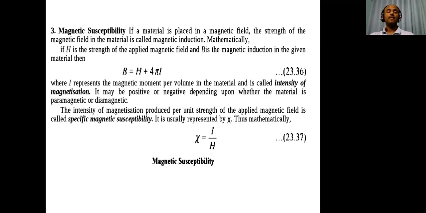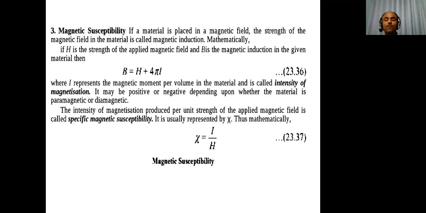And mathematically, if H is the strength of applied magnetic field, and B is the magnetic induction in the given material, then B is equal to H plus 4 pi into I, where I represents the magnetic moment per volume in the material, and it is called as intensity of magnetization.